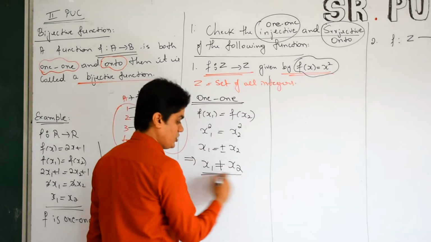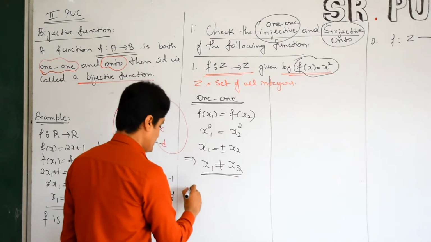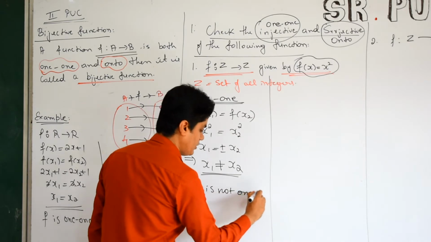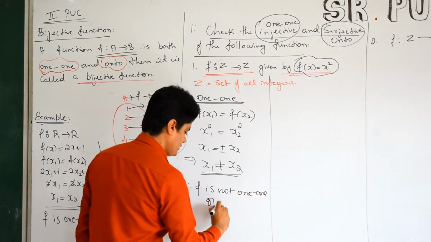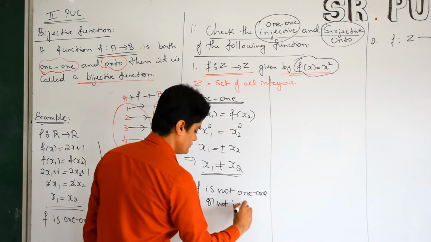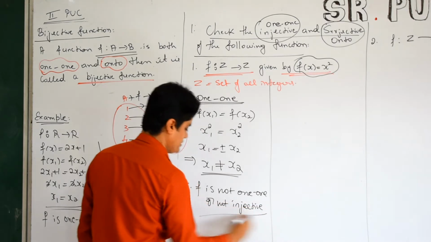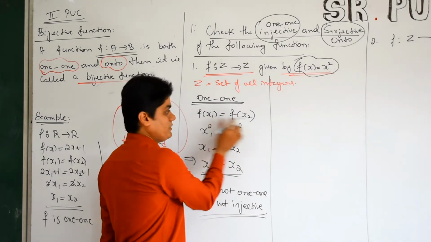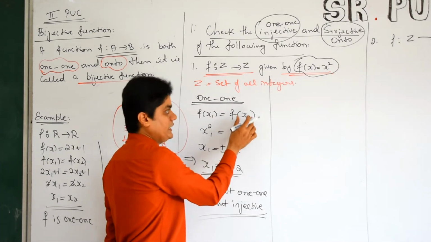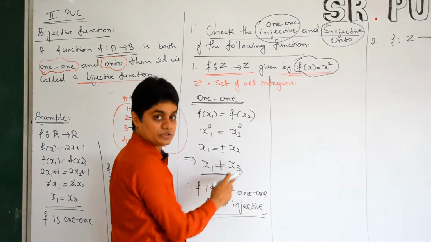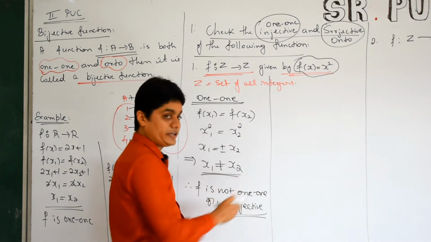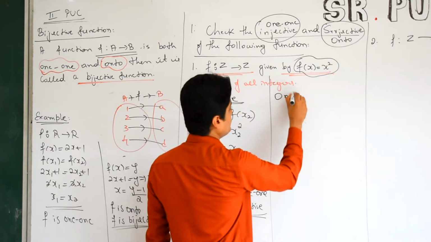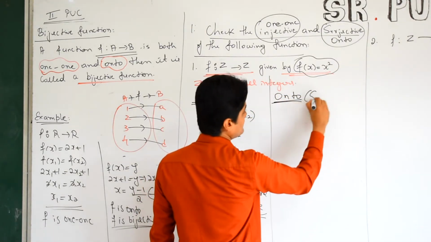Therefore, the conclusion is: f is not 1-1, not injective. So how do we check 1-1? Take f of x1 equal to f of x2. If you are able to prove x1 equal to x2, then it is 1-1. If x1 is not equal to x2, then it is not 1-1. The next one is onto, that is, surjective.